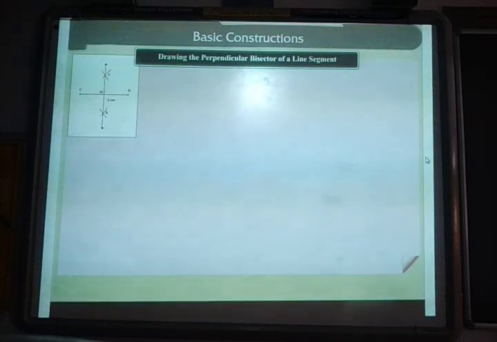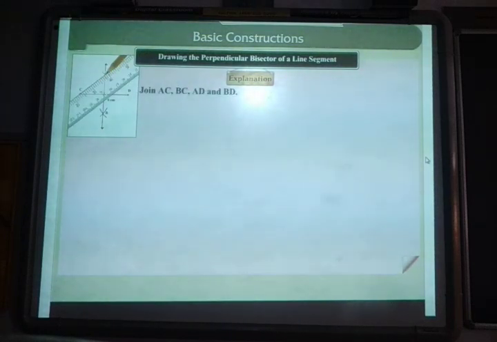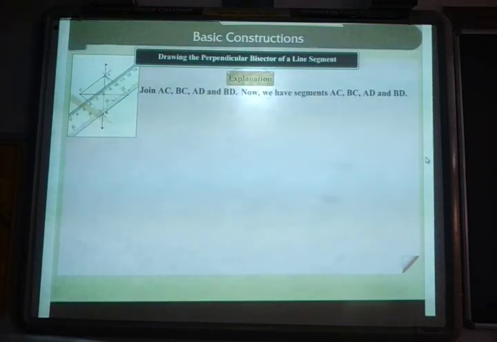Let us now see how this method gives us the perpendicular bisector of segment CD. Join AC, BC, AD and BD. Now, we have segments AC, BC, AD and BD.